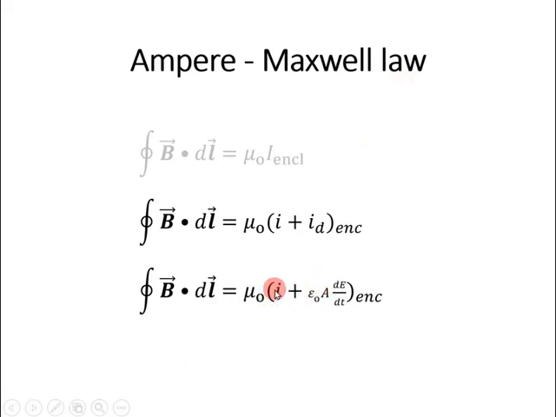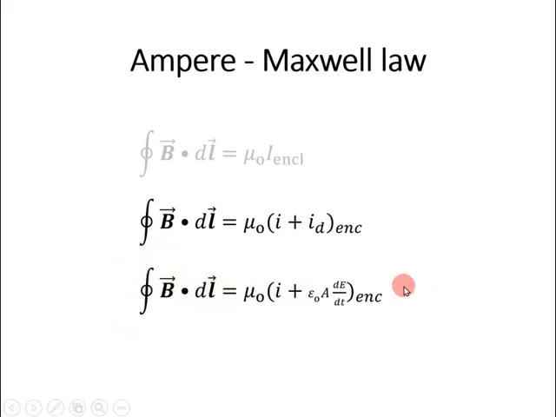In simple terms, we are saying that there is real current flowing through wires, and there is imaginary current flowing between the capacitor plates. Whichever way we go, it will create a magnetic field. A current flowing through a wire will create a magnetic field, and a change in electric field will also produce a magnetic field. Let me state it again.